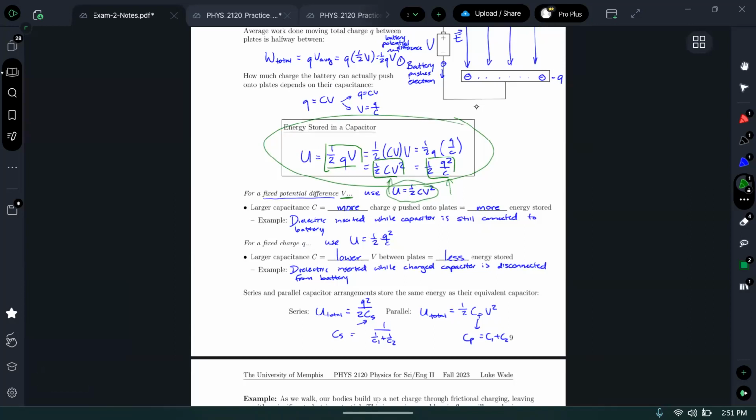If you have a fixed charge, you have an isolated capacitor, you probably want to use this one because it only depends on that fixed charge and this capacitance whose value changes. The voltage also changes, also depends on the fact that you've inserted this dielectric, and that just complicates things because it ends up with you having 2 variables to deal with in every other version of this formula except this one.